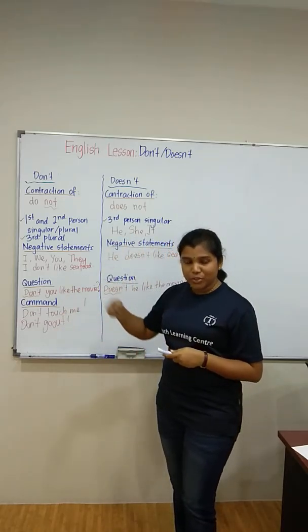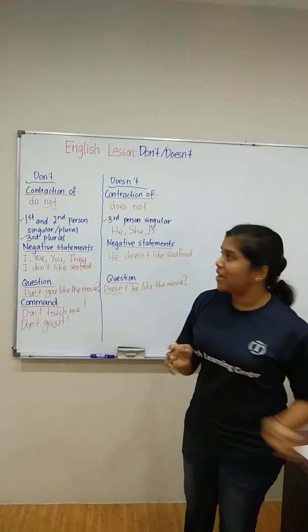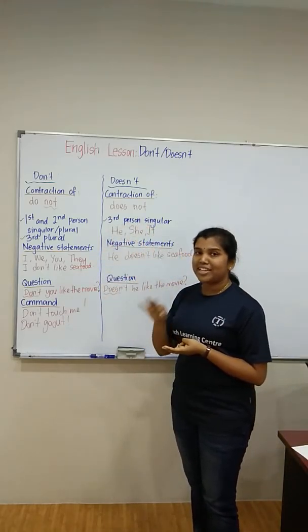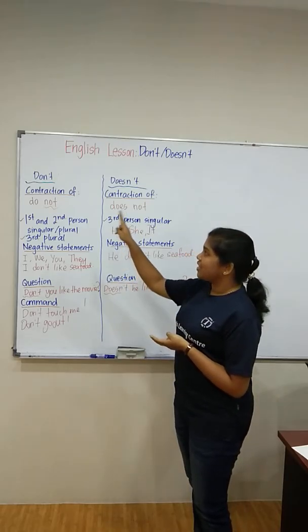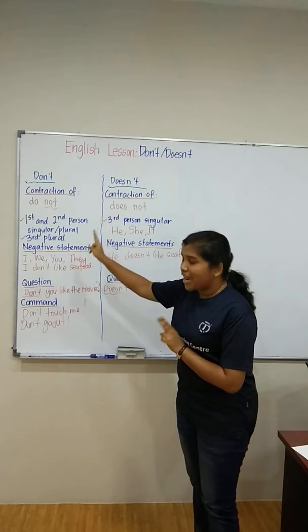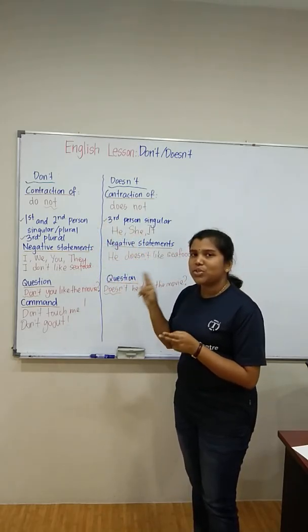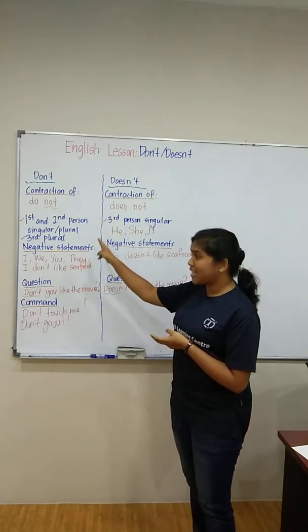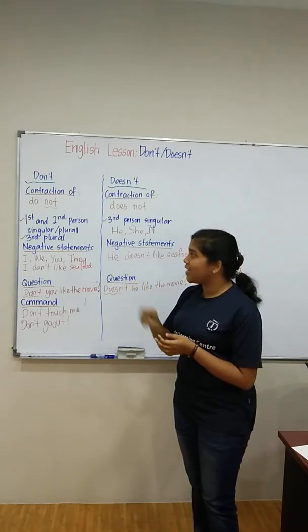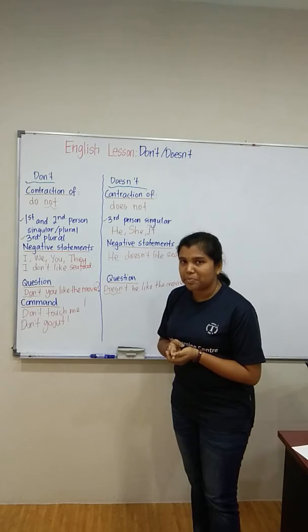So, just to review again, I'm going to go through everything one more time in a very firm and short way. The differences between don't and doesn't. First thing, I can only use don't for my first and second person singular and plural, together with my third person plural.